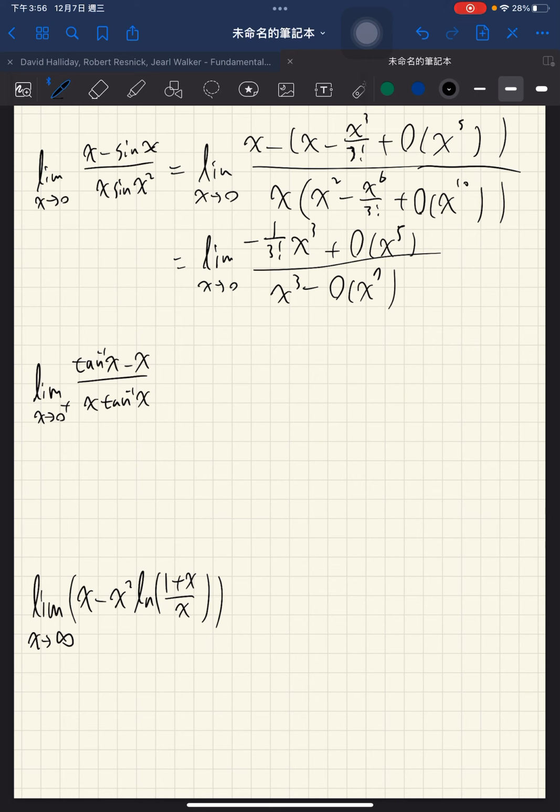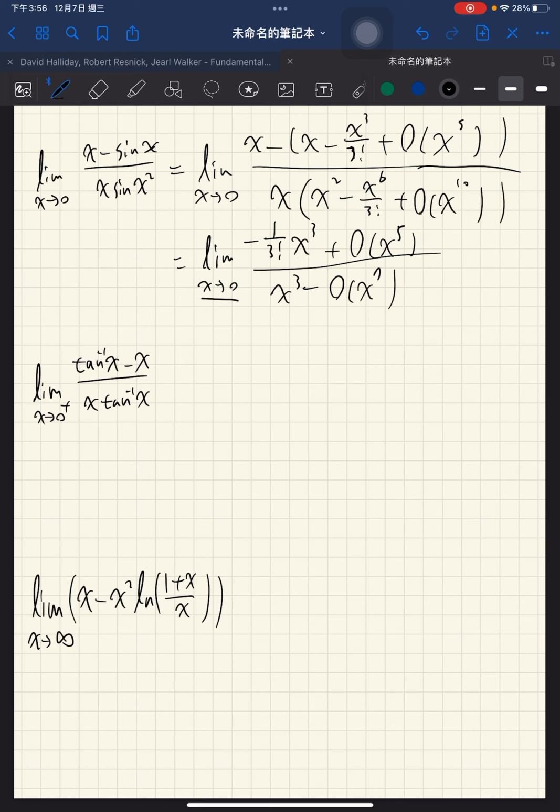Okay, and we will see, because the remainders are smaller than x to the third power, because x is approaching 0.